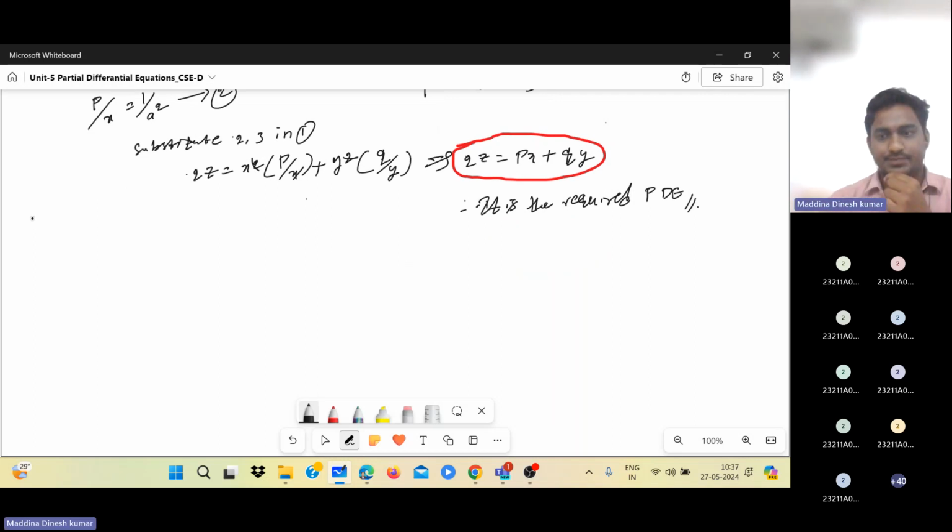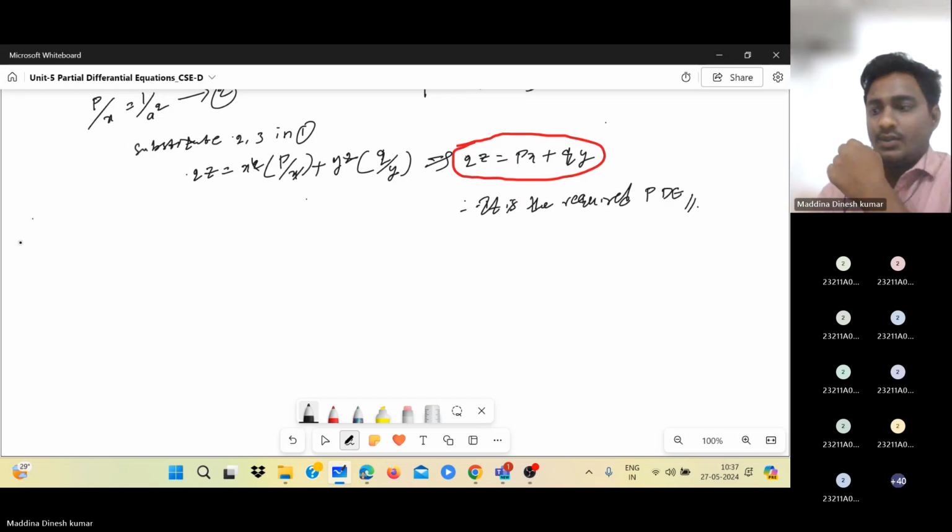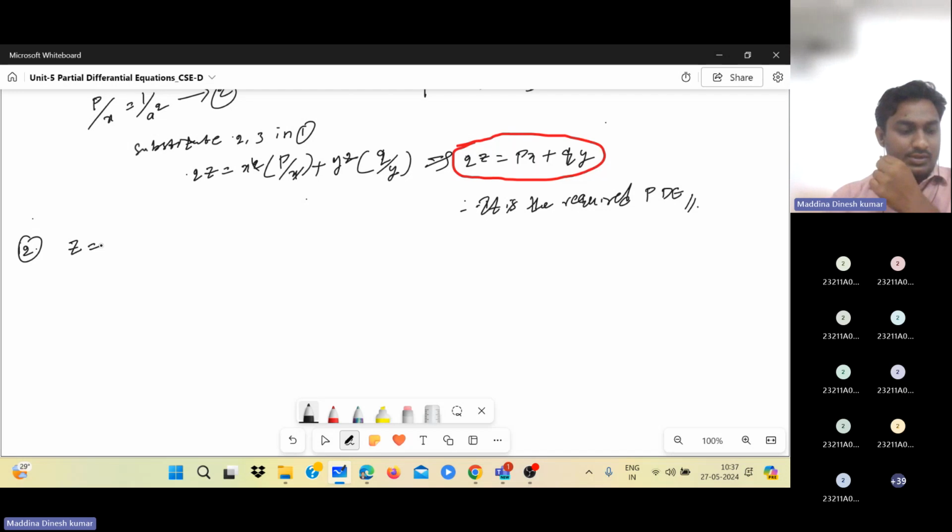The next problem is z equal to f of 2x plus 3y. Now, how will they ask this question?